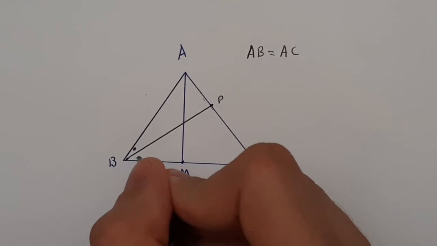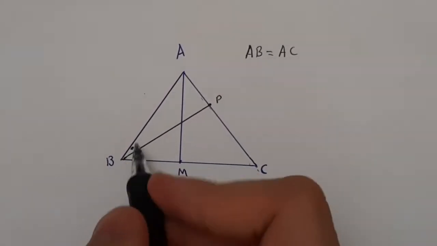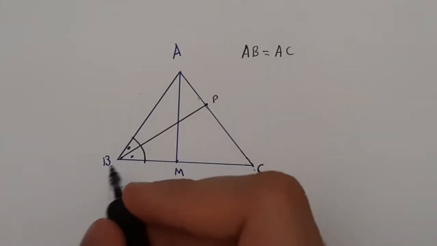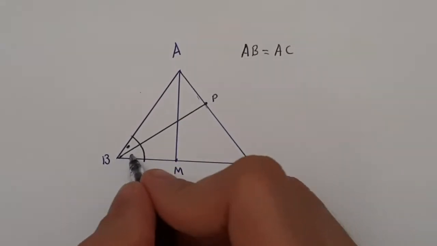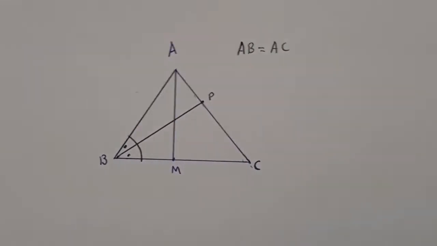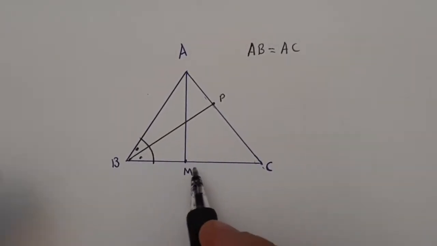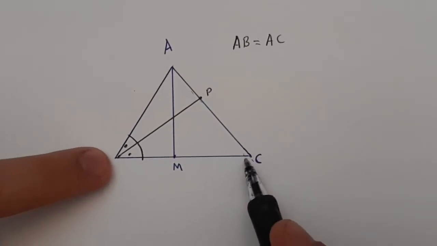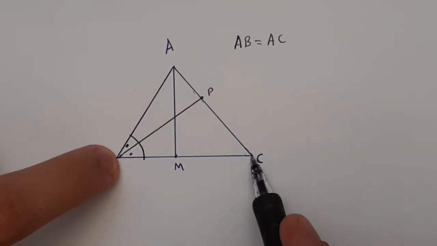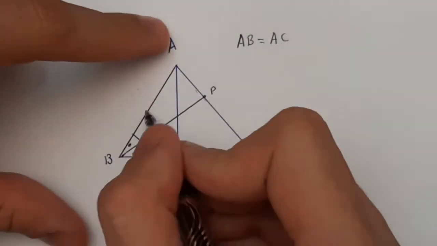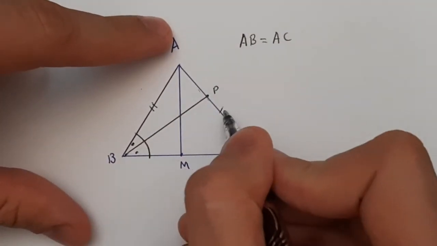So both these angles are equal, and this is the whole angle over here. Okay, so this is half of the angle B. And this is the median point. It might not seem so from my bad drawing, but it is the median point of BC. And these two sides over here are equal.